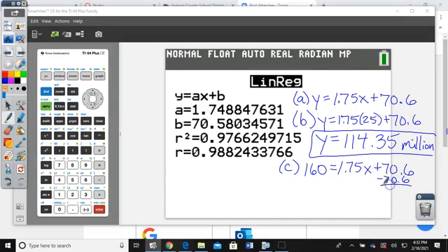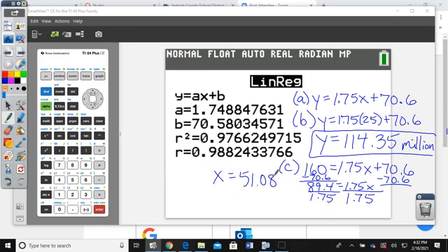Subtract 70.6 from both sides. $160 minus 70.6 is 89.4 equals 1.75x, and then divide by 1.75. So x will be 89.4 divided by 1.75, 51.08.